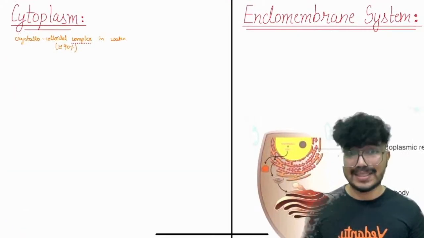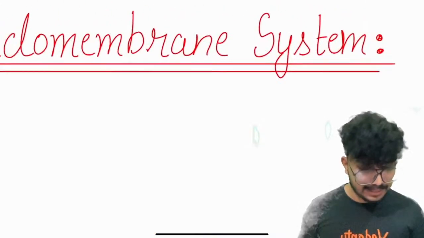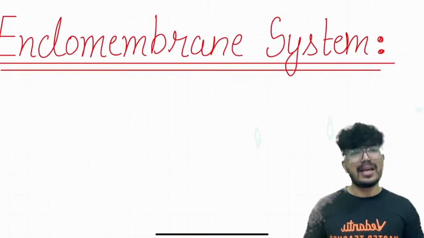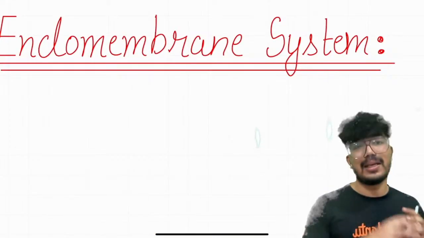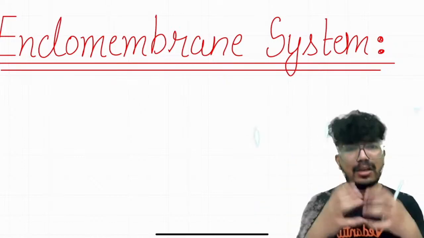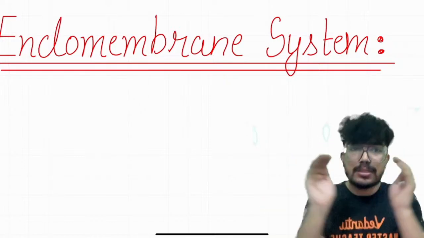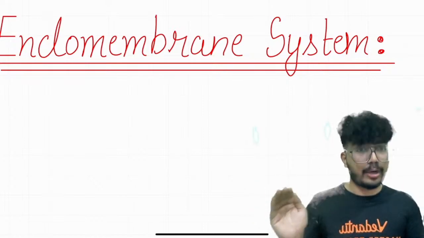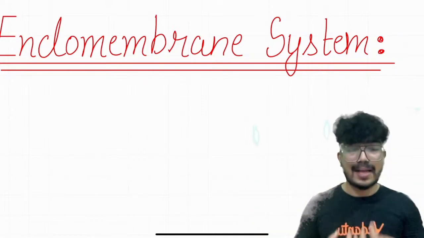Now we can move towards the next topic, the endomembrane system. What is the endomembrane system? There are some membrane bound cell organelles that function together in a very coordinated manner. This complete coordinated system is known as the endomembrane system.